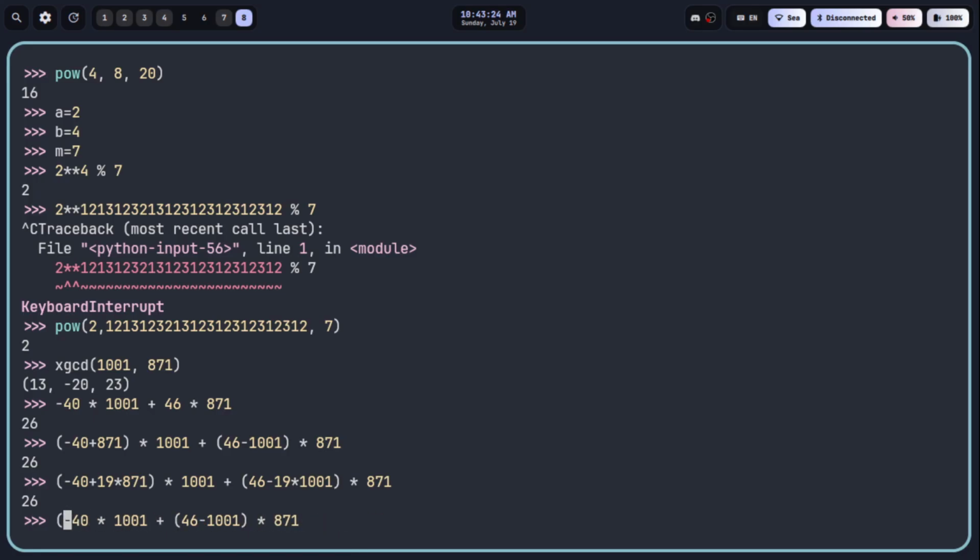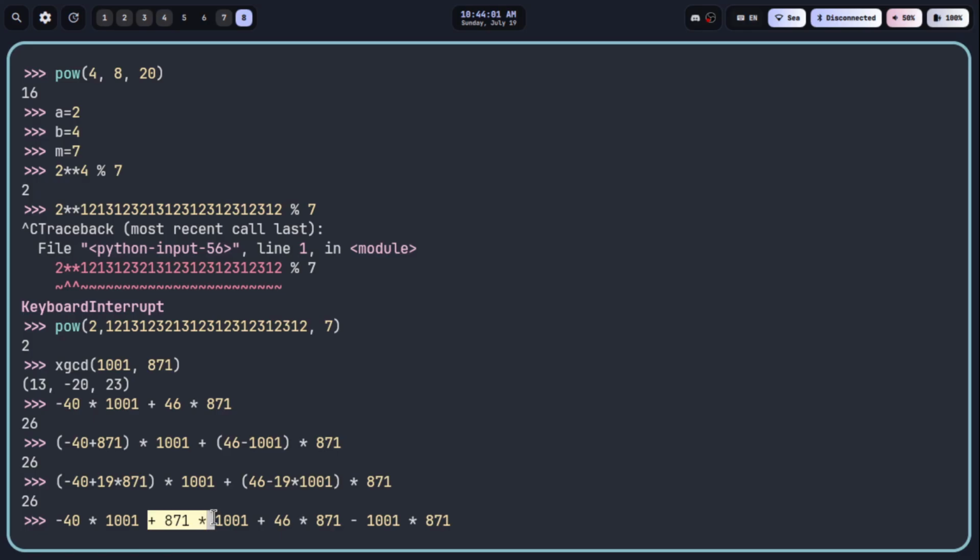And if we expand that equation here, (negative 40 plus 871) times 1001 plus (46 minus 1001) times 871 is equal to negative 40 times 1001 plus 871 times 1001 plus 46 times 871 minus 1001 times 871. Everyone following so far?